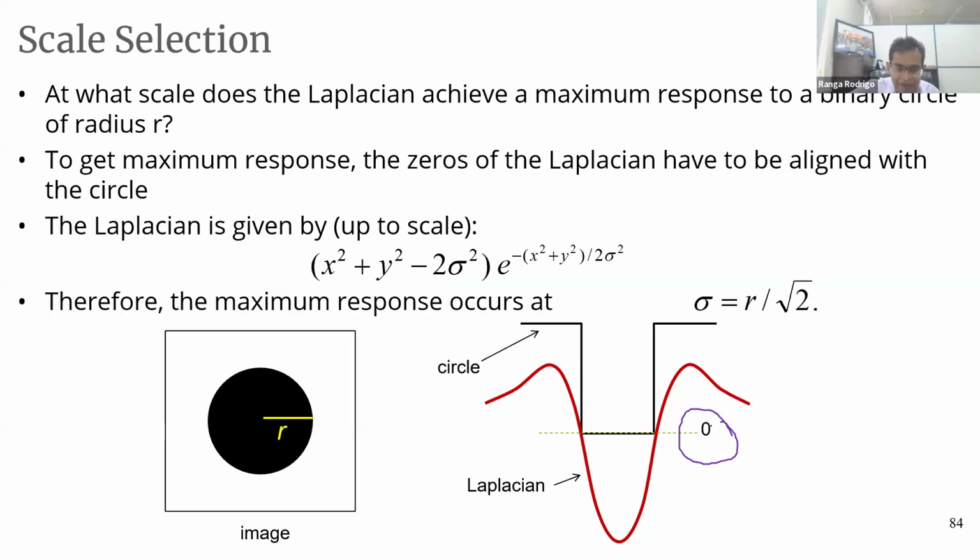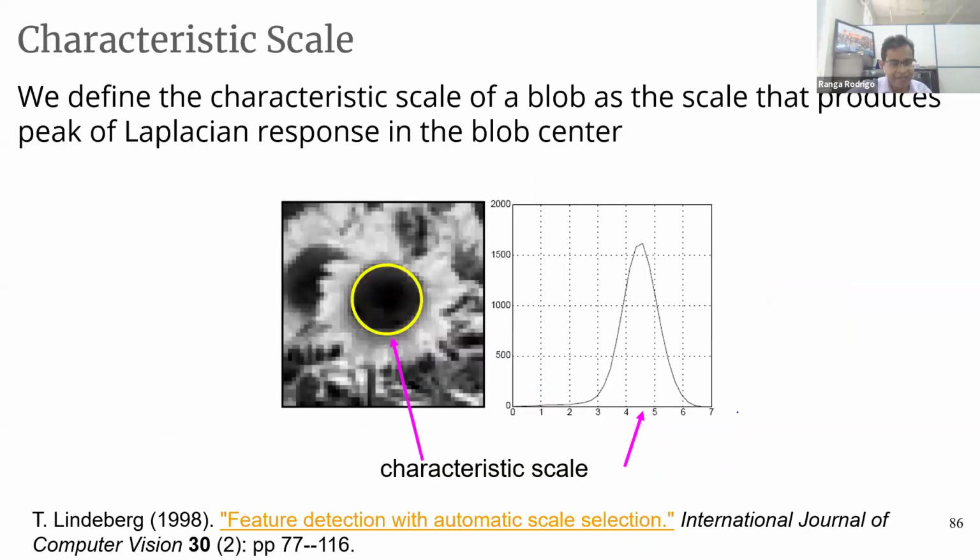Therefore, the maximum response occurs at sigma equals r divided by square root of 2. I hope this is clear to you. I can derive it, but I will not derive it now. You have to compute the two derivatives and add them. No big deal actually.